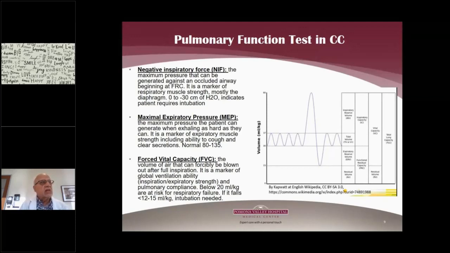All of these are indicative of diaphragmatic and respiratory muscle function declining, and a mechanical ventilator or ventilatory support of some kind will be required. These are, like I mentioned, not easy to do in the ICU, especially on a sick patient. So FVC is probably the most common one used, and the most reliable one.